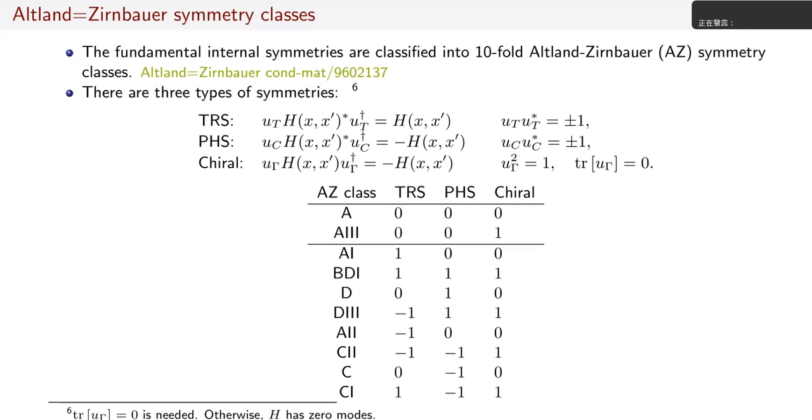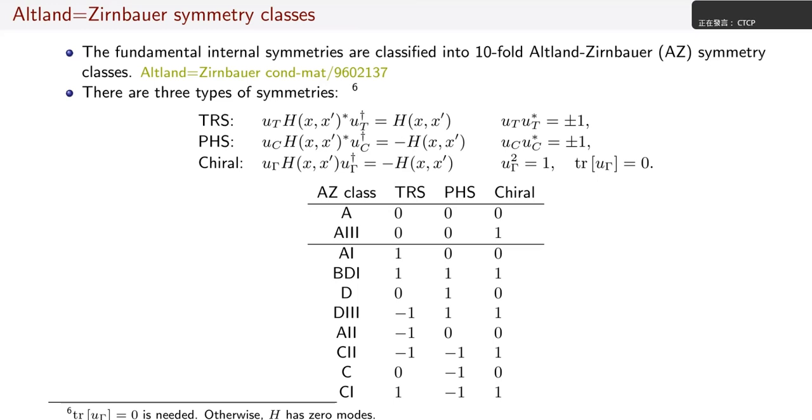There are 3 types of symmetry: time-reversal symmetry and particle-hole symmetry, which are anti-unitary, and also chiral symmetry, which anti-commutes with the Hamiltonian. Because time-reversal and particle-hole symmetry are anti-unitary, their squares are either 1 or -1. As a result, we get these 10 distinct symmetry classes. And this 0 means the absence of symmetry, and 1 and -1 mean the time-reversal square.